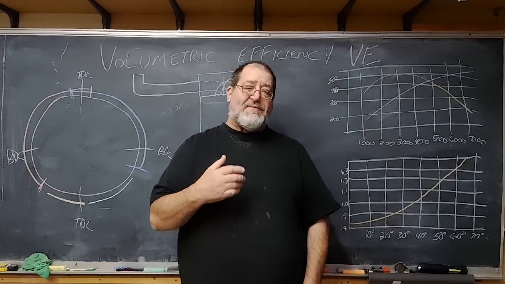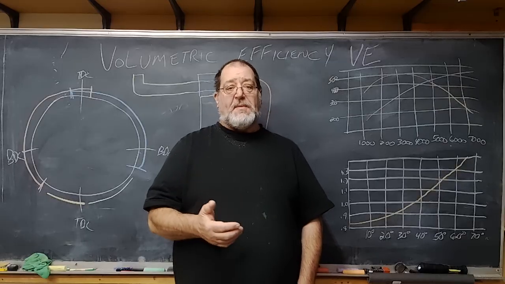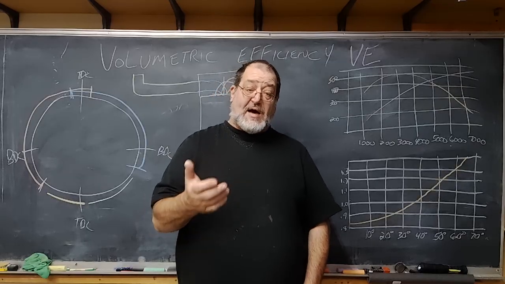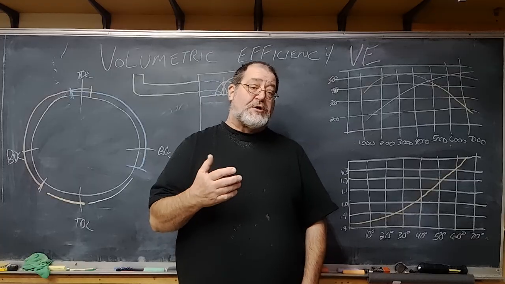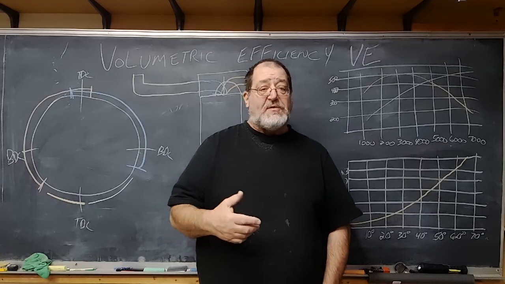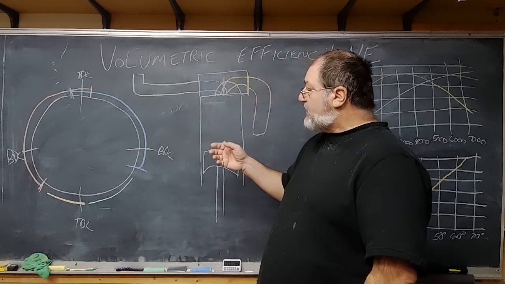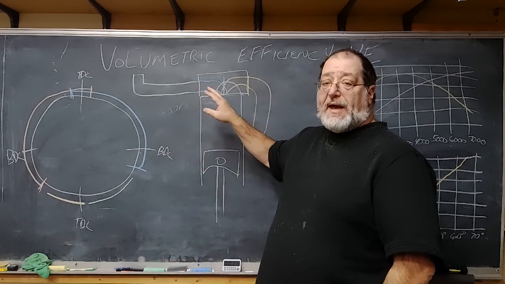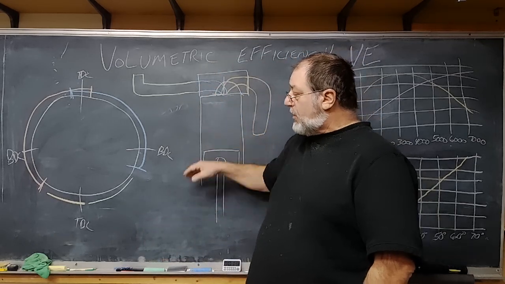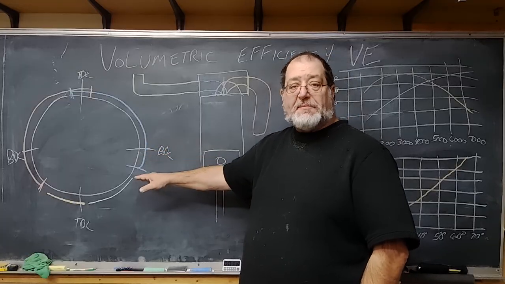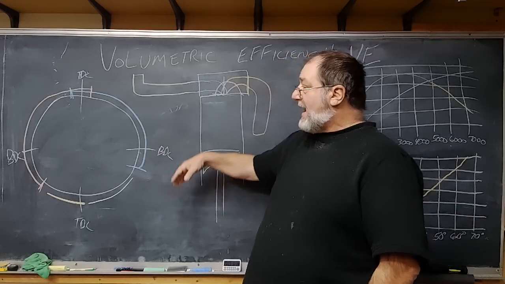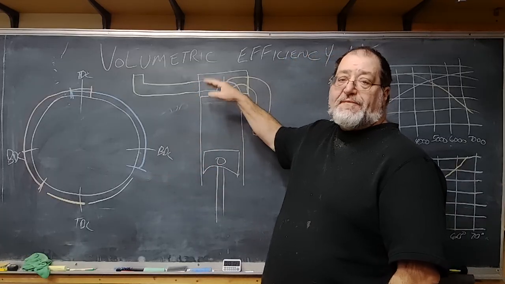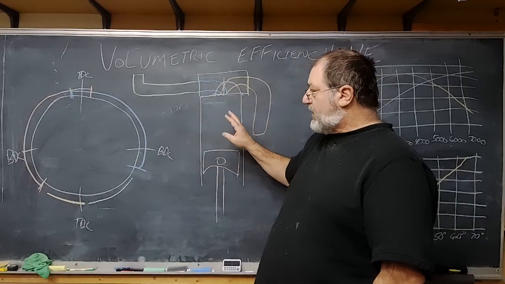Even at 80% volumetric efficiency of a stock, OE style motor, it's still controlled by inertia ram, because we need it in order to fill the cylinder. We go past bottom dead center, we hold the valve open later, and we use the inertia of the charge coming in to fill the cylinder.